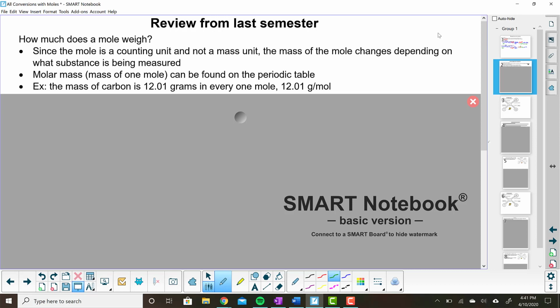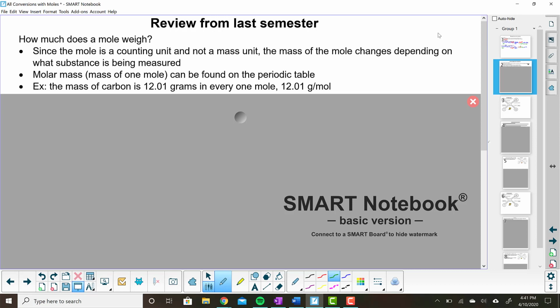Right? So if I have carbon, well, the molar mass of carbon, that is the mass of 1 mole, is 12.01 grams, and you can find that on the periodic table. If you don't have your periodic table out, I would find one. Pause the video, find a periodic table because we will be using it for the rest of this video.